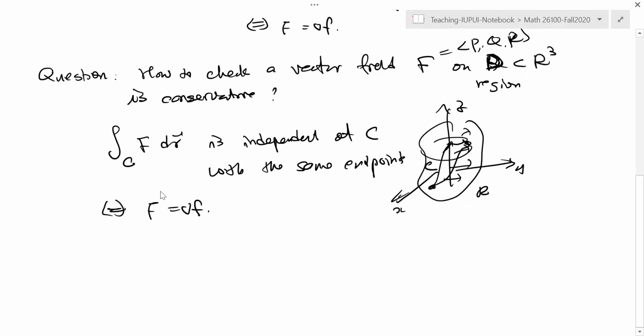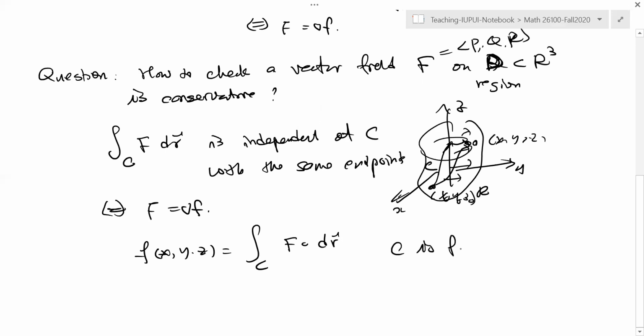How to do that? f is constructed in the following way: you fix an arbitrary point, and then another arbitrary point, and f is defined by the following integral, where C is from the fixed point to that point.